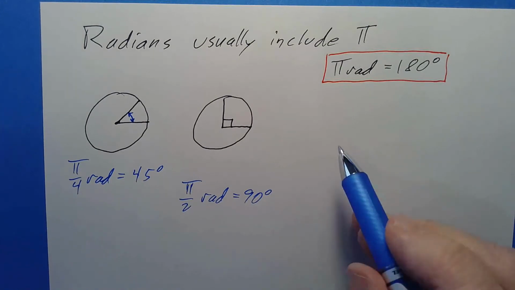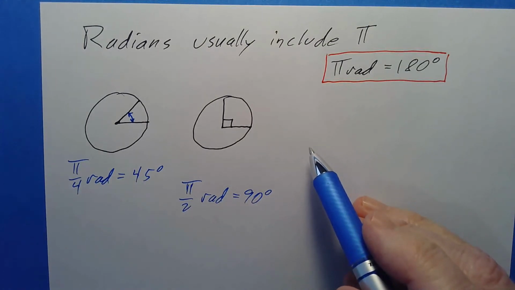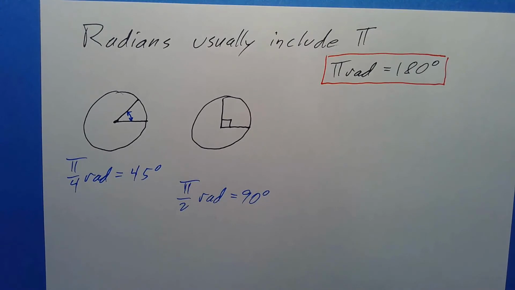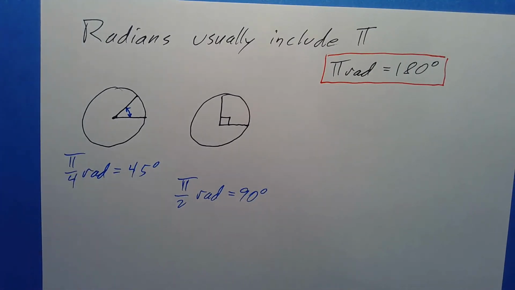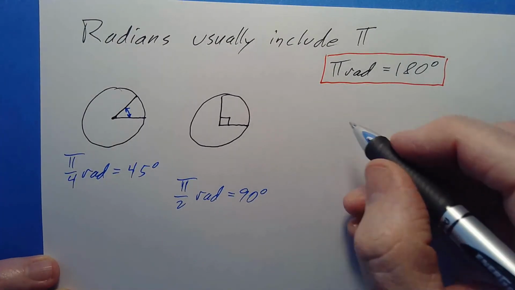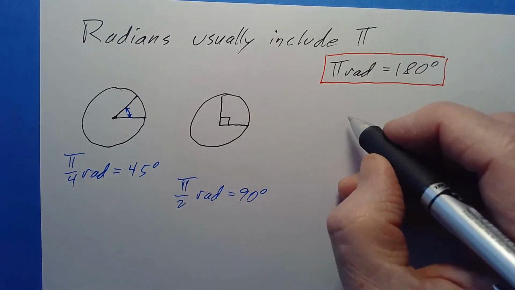Let's actually now look at when we have thirds. When we think about thirds, it's a little bit different. Same basic idea, but of course we're going to get different numbers.